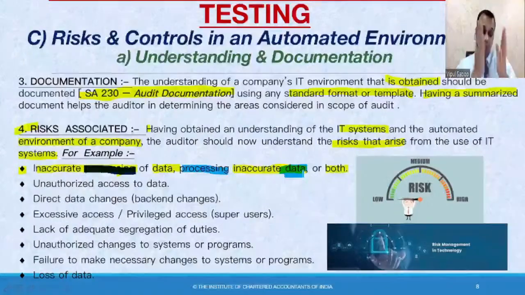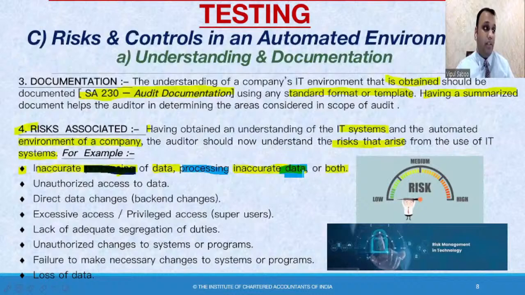I wanted 3 plus 3, and the system said 3 multiplied by 3. So this is inaccurate processing of data. I wanted 3 plus 3. The system is doing 3 plus 2. This is processing of inaccurate data.